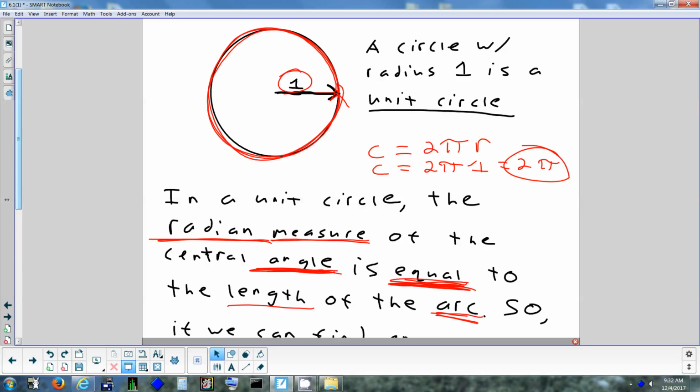So that means the circumference of this circle is 2 pi units, which is exactly equal to the measure of the angle in radians to go all the way around the circle. So the conversion is there are 2 pi radians in 1 revolution of a circle.